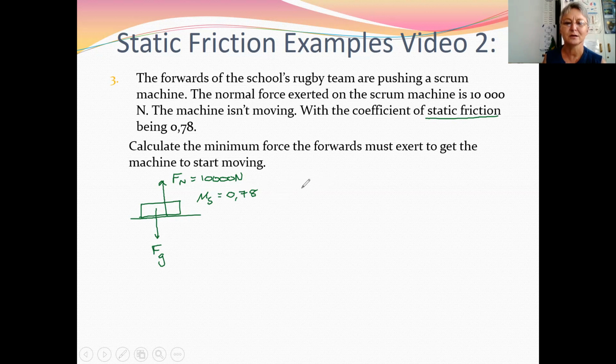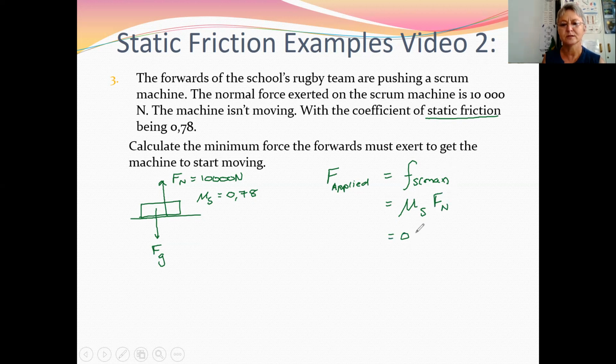So they want us to calculate the minimum force the forwards must exert. This minimum force, the minimum F applied, will be equal to the maximum static friction. And the maximum static friction we can calculate using the coefficient of static friction and the normal force.